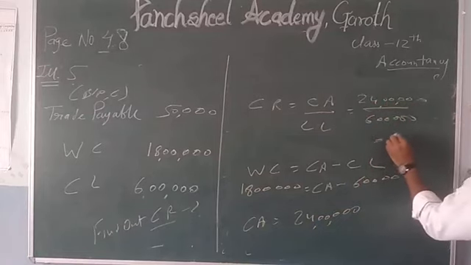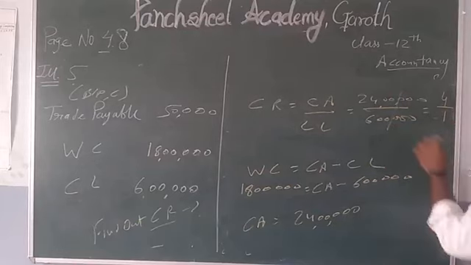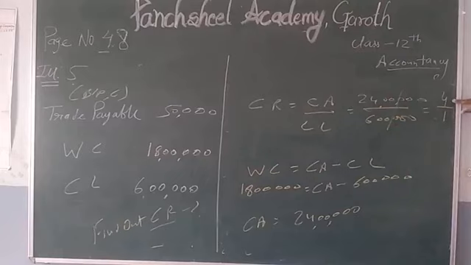So if you cut, the ratio will come 4:1. That means current asset is 4 times current liability. It shows that current assets are 4 times than current liability. Okay. Solve this question in your fair copy, and I am giving you the homework question right now.